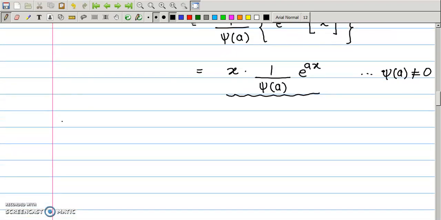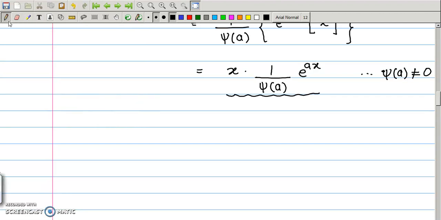Again, another case of failure is if psi of a is equal to 0. But before going to the next, we can generalize the previous term.